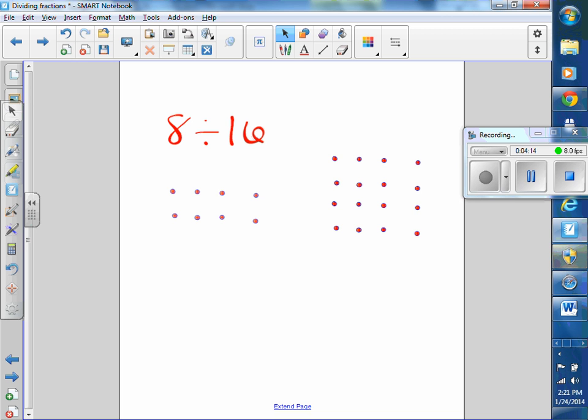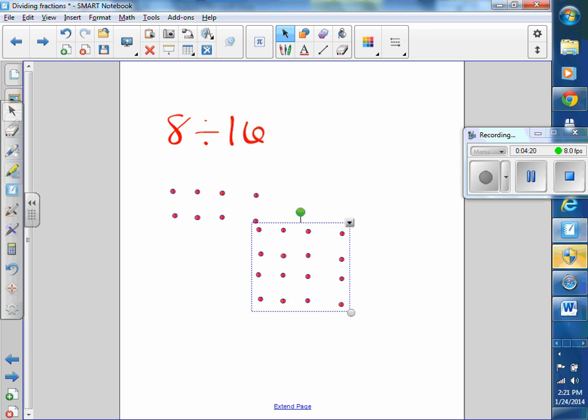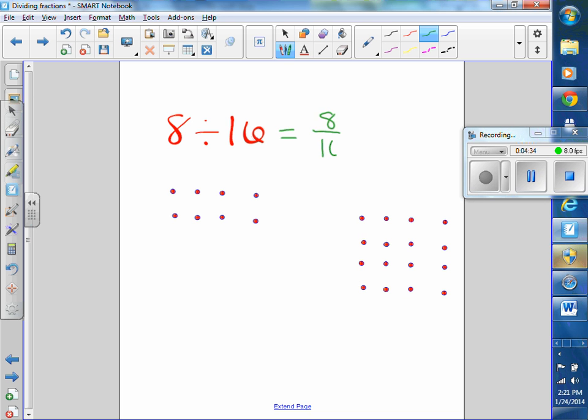Half. Only half of this set, right? Only half of this fits into that, right? Only half. Half of 16 is in 8, right? That's why we use that fraction bar. Fraction bars mean divide. So the answer to that is a half, which you guys already know, right?